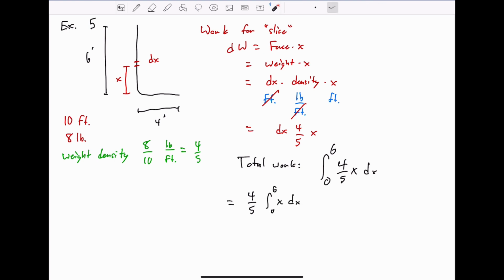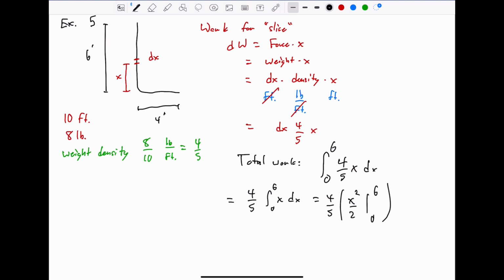Notice how simple this integral is. It's actually a very simple integral that will allow us to find the total amount of work performed in this situation. The antiderivative of x is x squared divided by 2. So we have 4/5 times x squared divided by 2, integrating from 0 to 6.